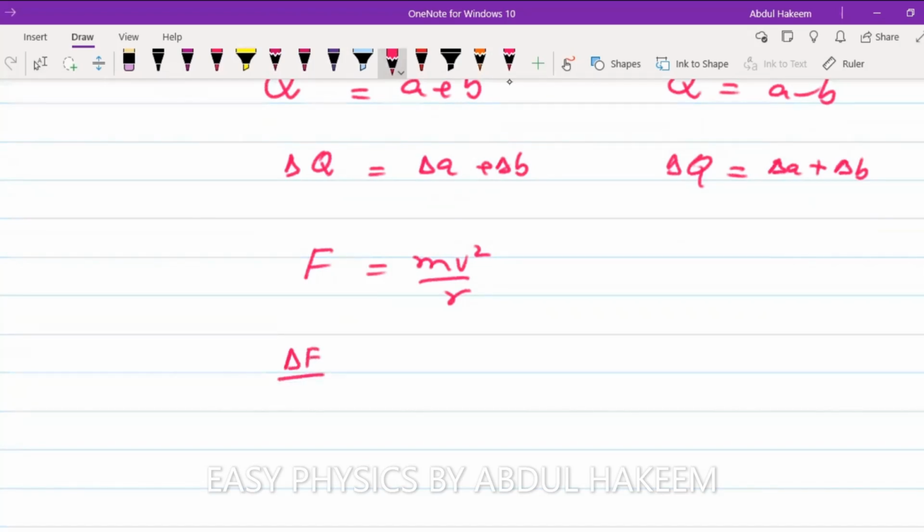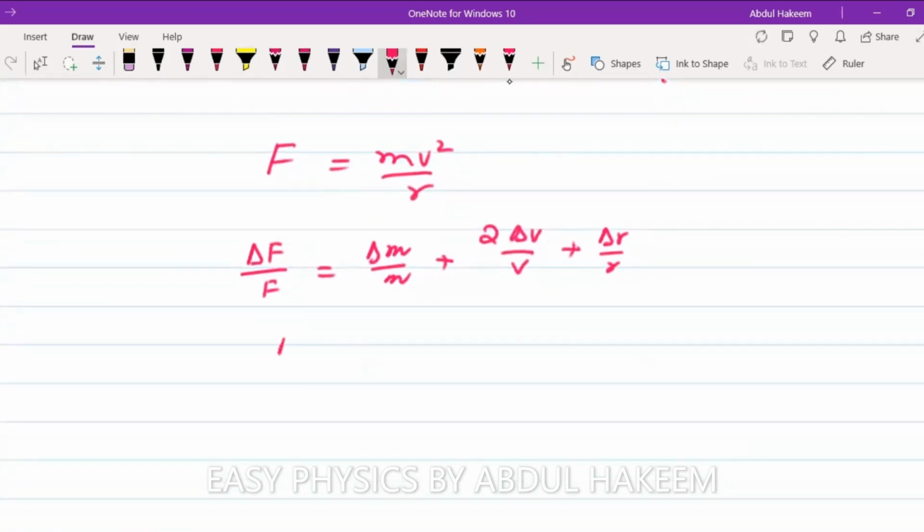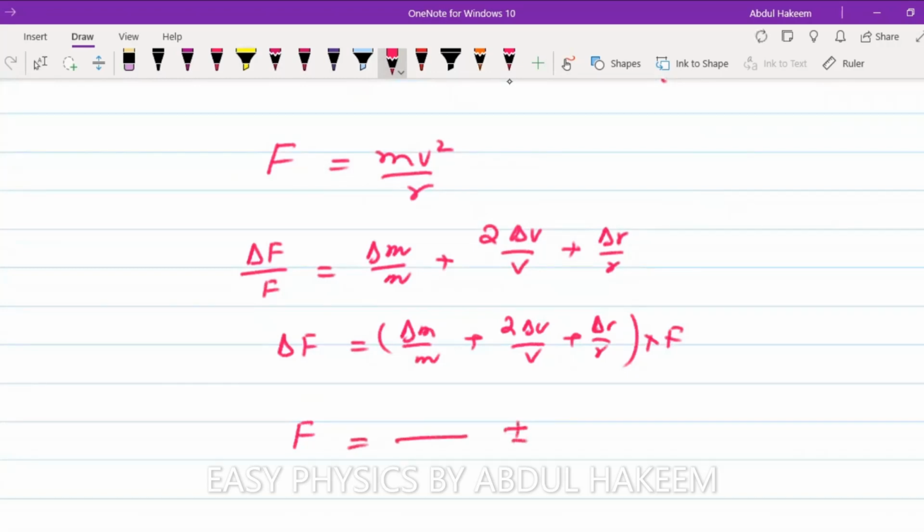Look, the fractional uncertainty of the force is this: fractional uncertainty of the mass, then for v square, 2 times delta v over v, the power becomes the multiple of the fractional uncertainty, and plus delta r over r. Whether it's multiplied or divided, you have to add the fractional uncertainty. And finally, for the error, delta F is equal to delta m over m plus 2 times delta v over v plus delta r over r, times F, and this is the uncertainty. Then you have to write the answer with justified significant figures like this.